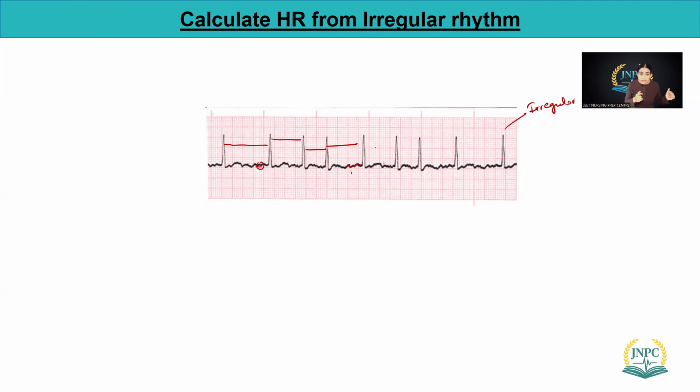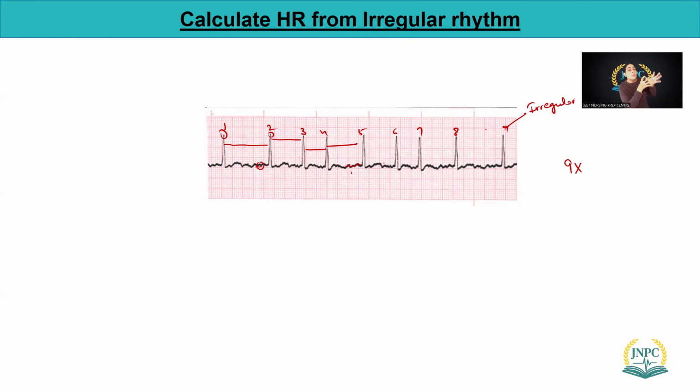But how do we calculate that rate? So count this R to R. We have 1, 2, 3, 4, 5, 6, 7, 8, 9. Just simply, R to R is the ventricular rate. We are only thinking about ventricular rate because the atria are just quivering, just shivering.